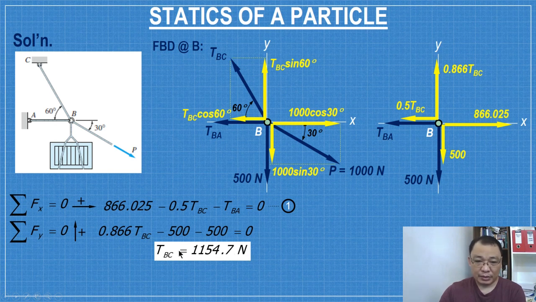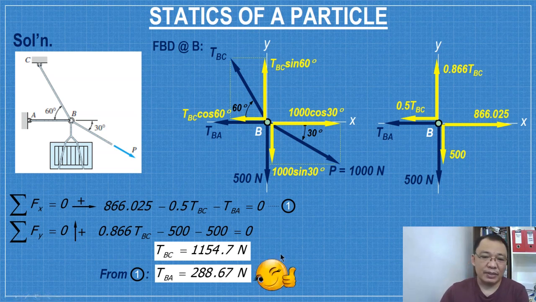And then after this, substitute that value in equation 1 here, so you can solve for TBA. So in analyzing equilibrium problems, just make sure you resolve all forces into horizontal and vertical components. That's all. And once resolved, apply the conditions and then solve for the unknowns.